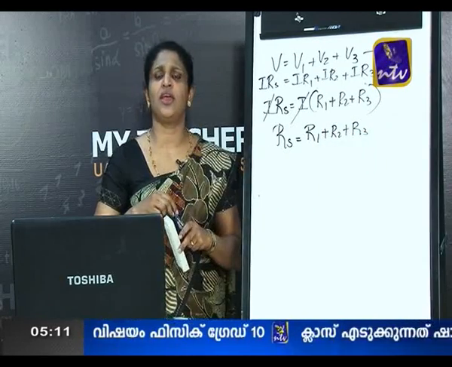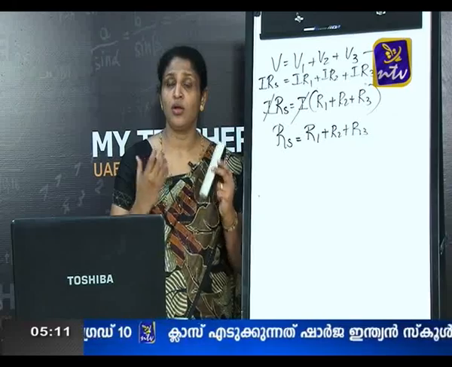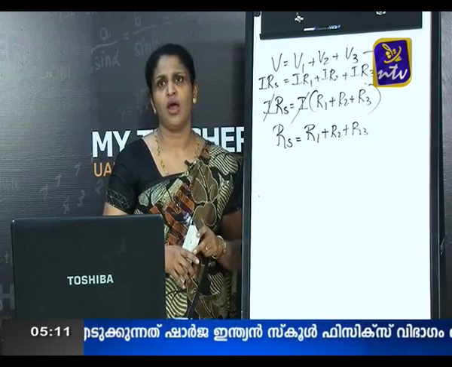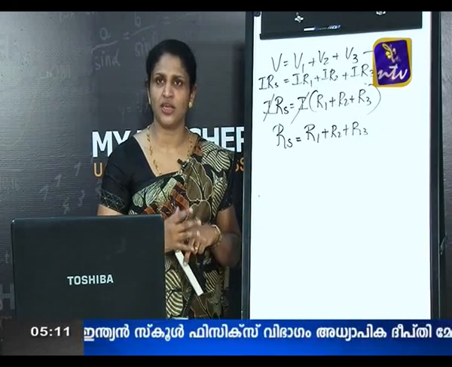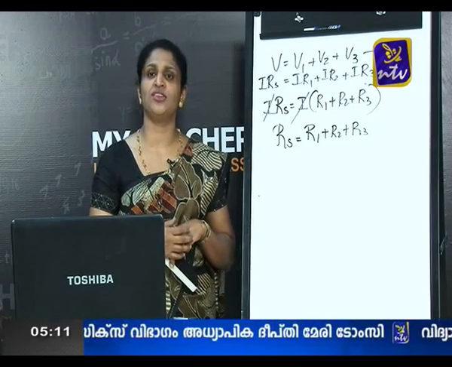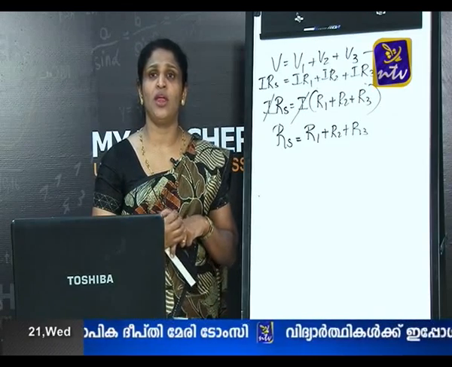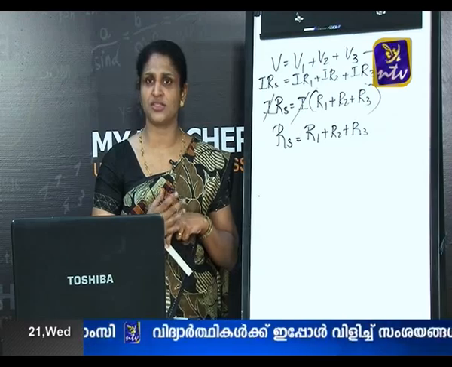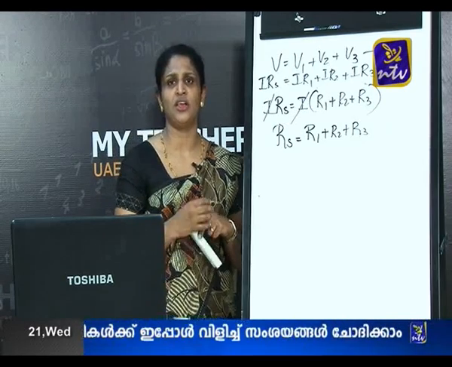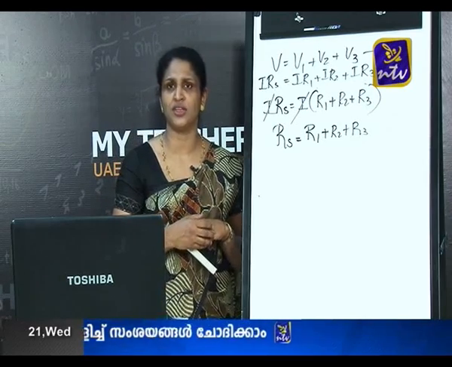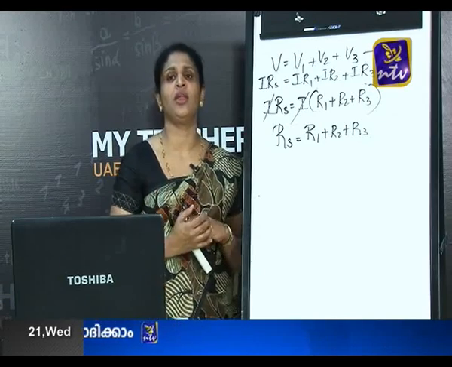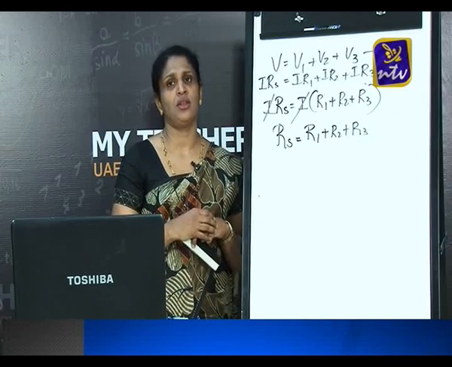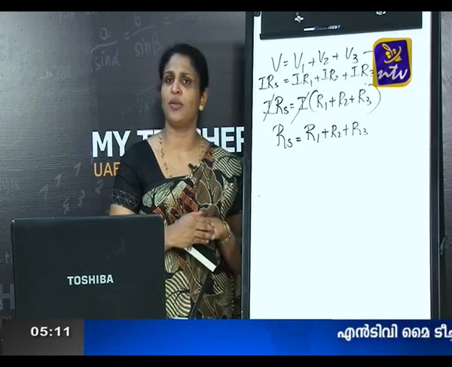According to the law of resistors in series, the total resistance in series is the sum of the individual resistances. In general, in a series connection, the current through all the resistors remains the same.